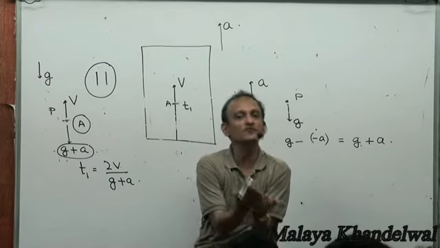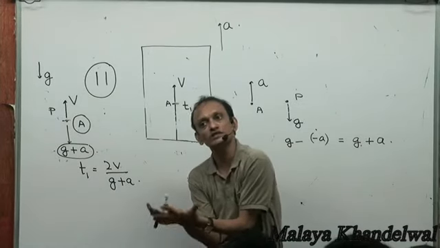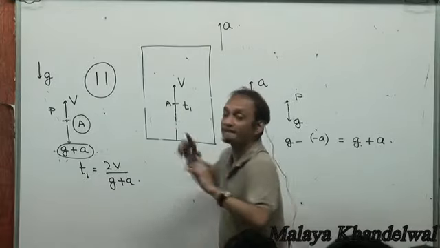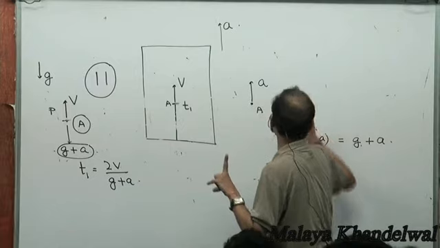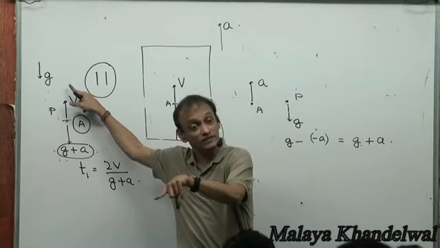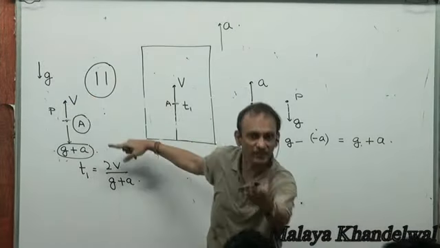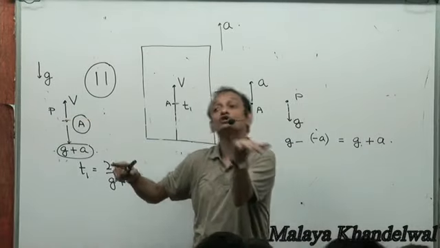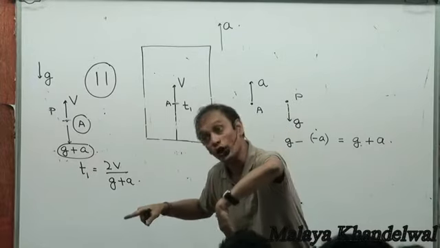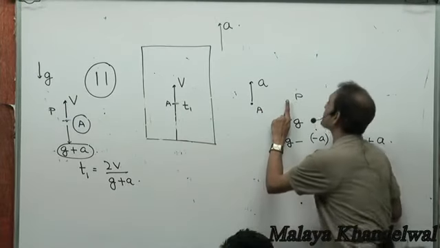What we did was convert this situation into an equivalent situation where I looked upon A as my observer. If A was my observer, the velocity of the particle that was launched should be the relative velocity with respect to A, which is given to be v anyways. The acceleration of P, the particle being launched, should be the acceleration with respect to A. And what is the acceleration of the particle with respect to A?